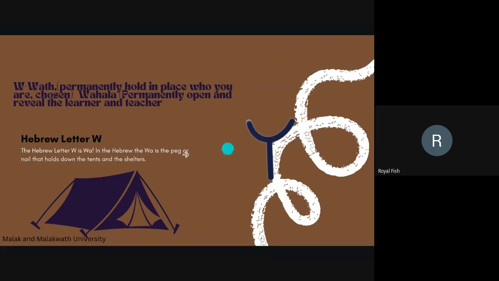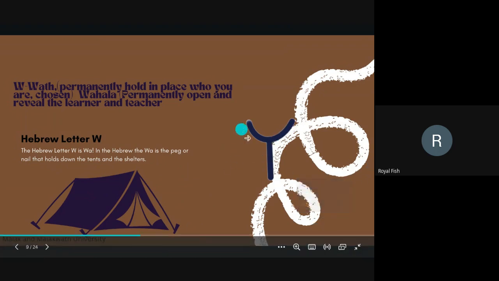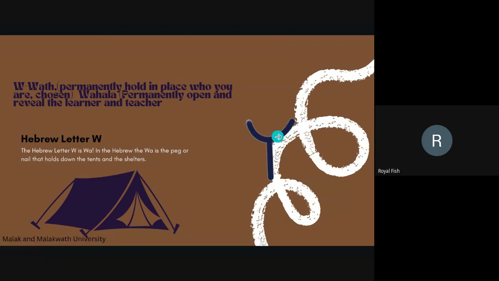I've seen them be straight across, which could look like a T. But in the ancient days, this is probably how they bent iron, or brass or whatever it was, to keep their tent tail down, or like a nail. Like when you put a nail into a house.